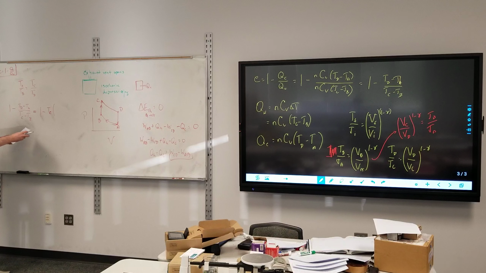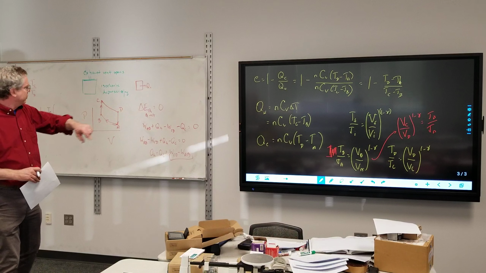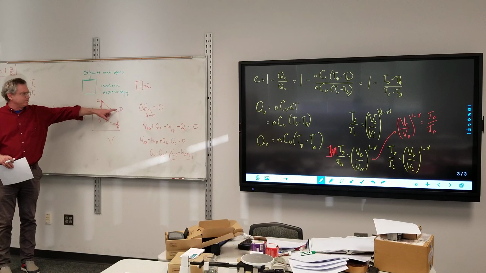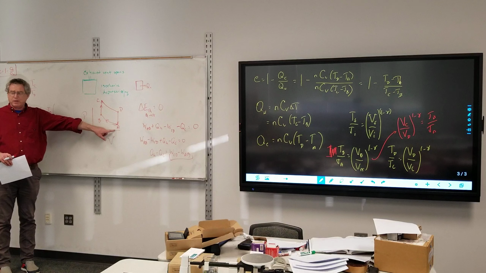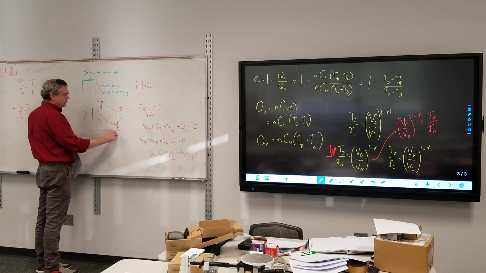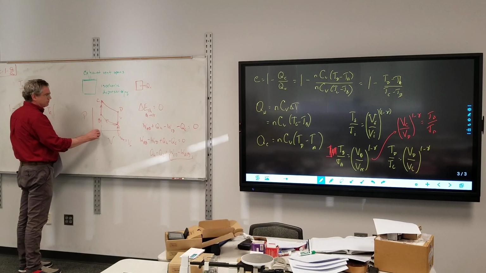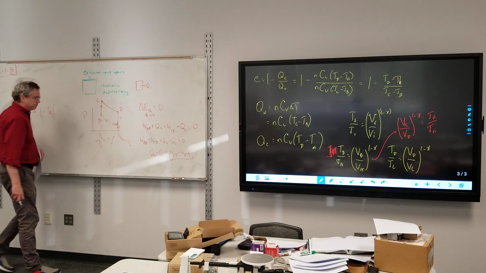Tc times Vd over Vc. Vd is just the volume here, and the volume here is the same as we said before. This is just Vmax. Put down Vmax, and I'll just abbreviate it shorter to Vx. This right here is the minimum volume, which I will just abbreviate to Vn.